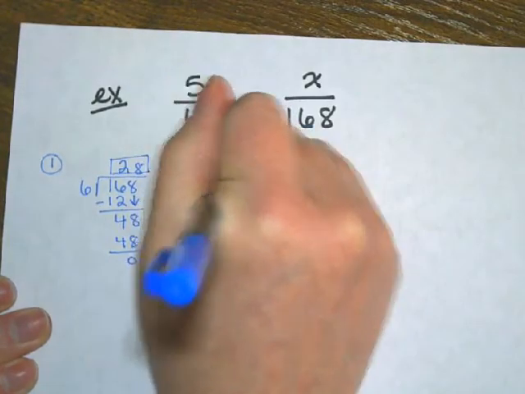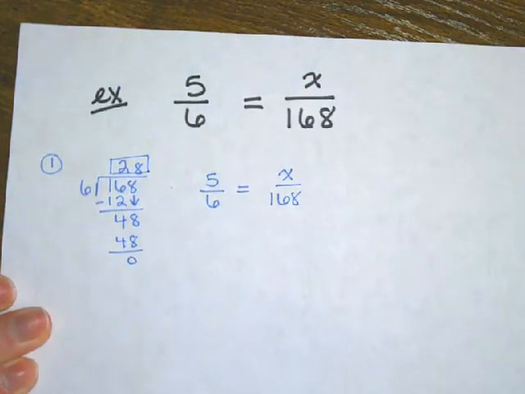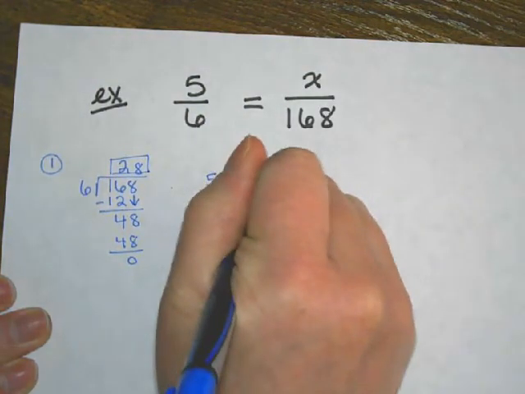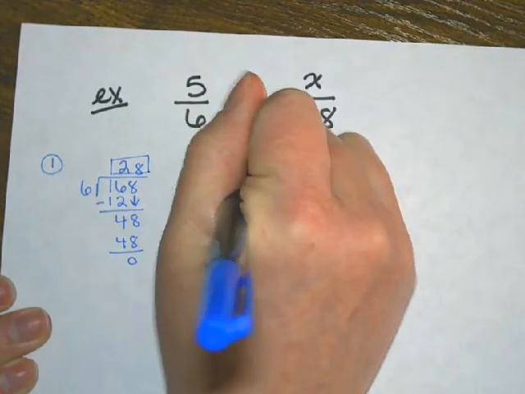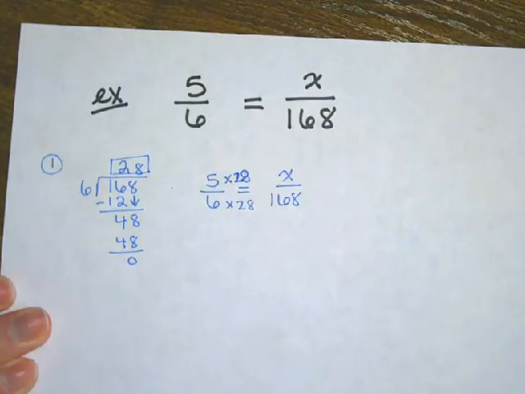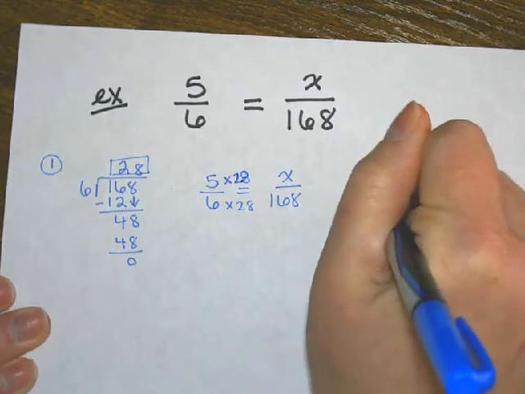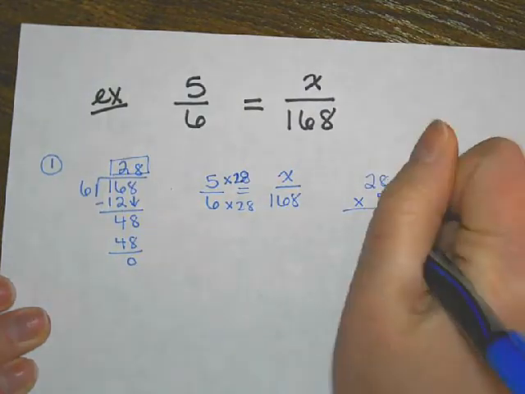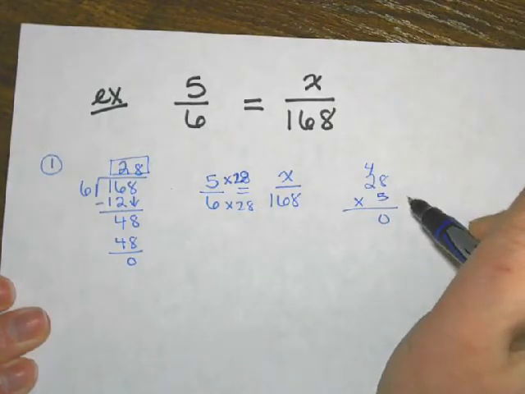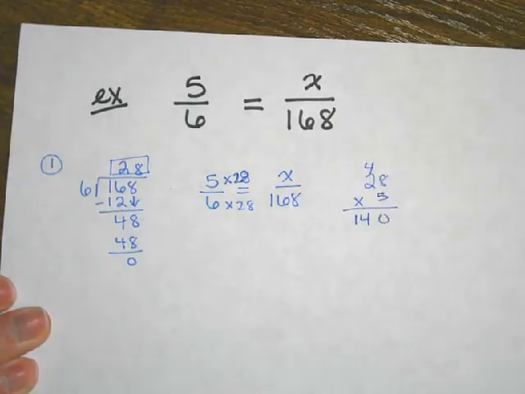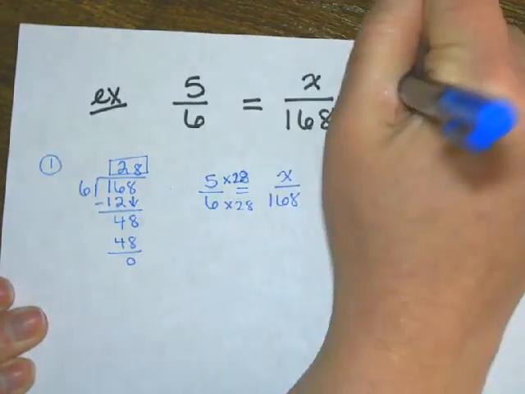In the equivalent fractions method, 6 times 28 gets me to 168, which means I also need to multiply 5 times 28. I'm going to work that out to the side. As you can see, this takes a little bit more time. 8 times 5 is 40. 2 times 5 is 10, plus 4 would be 140. So my answer here is 140.